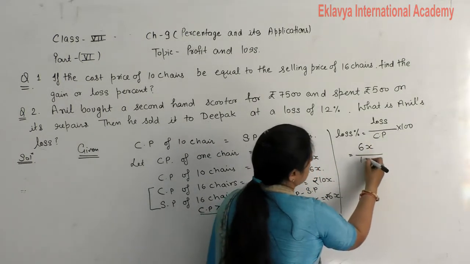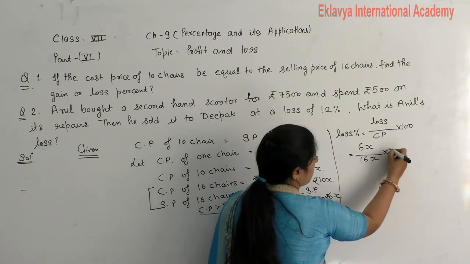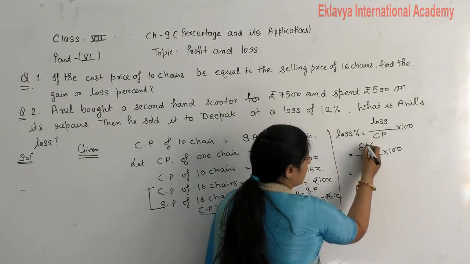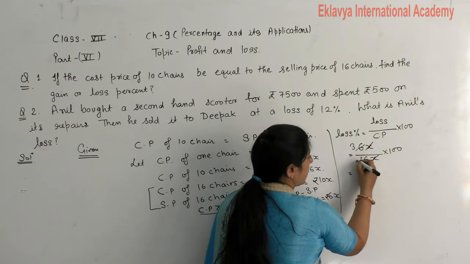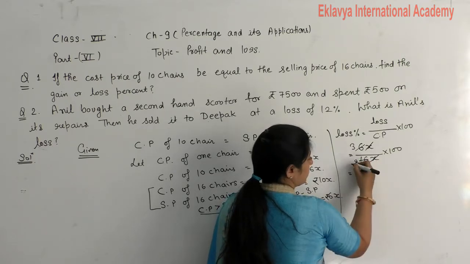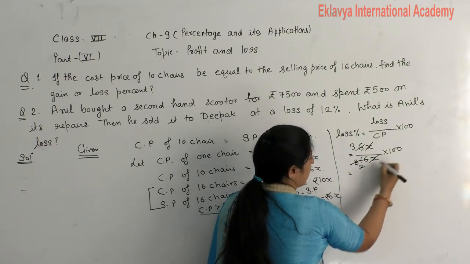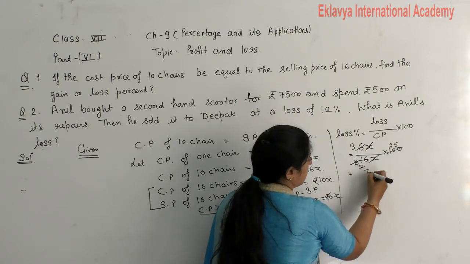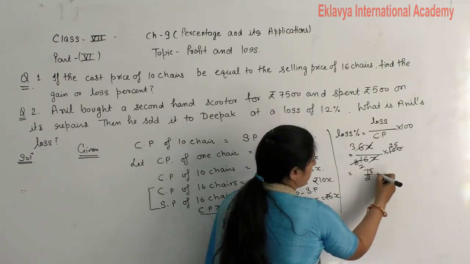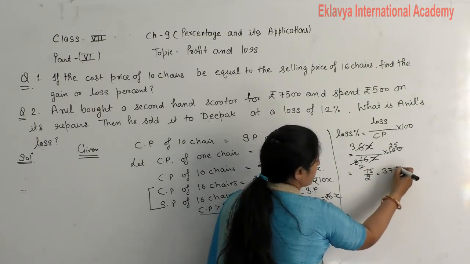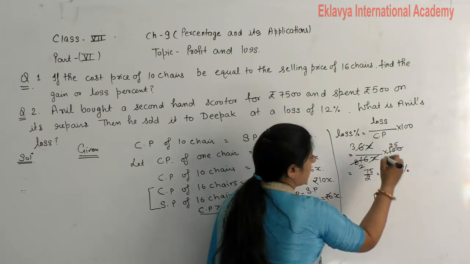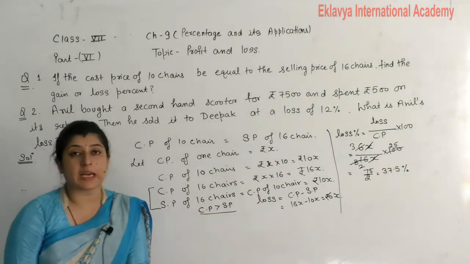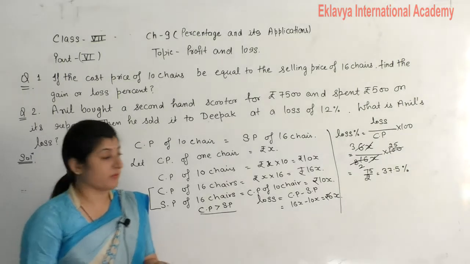That is equal to 16x, multiplied by 100. x and x cancel out. 2 3s are 6, 2 8s are 16. 4 2s are 8, 25. That becomes 75 by 2, that is equal to 37.5%.